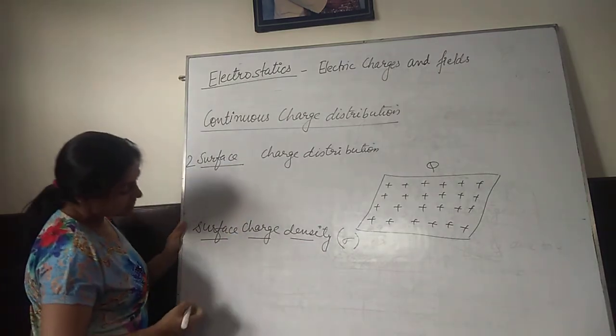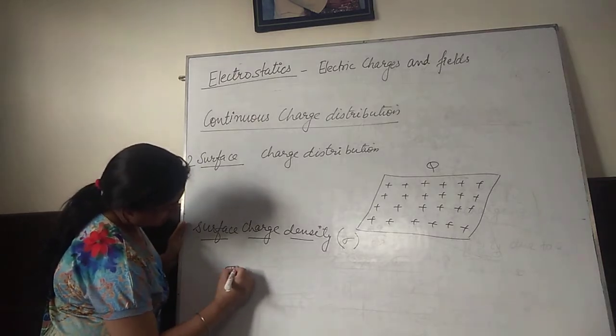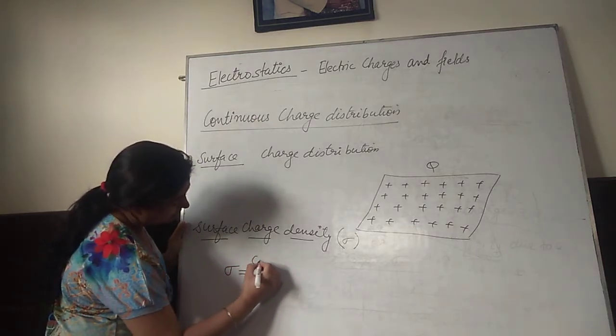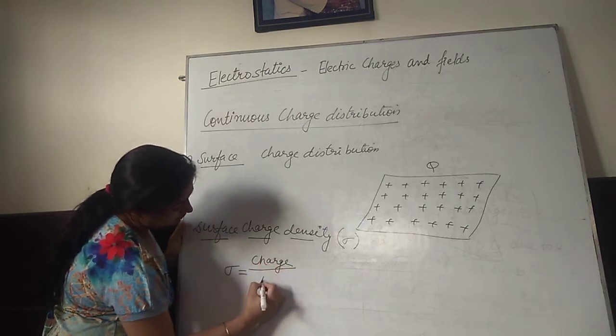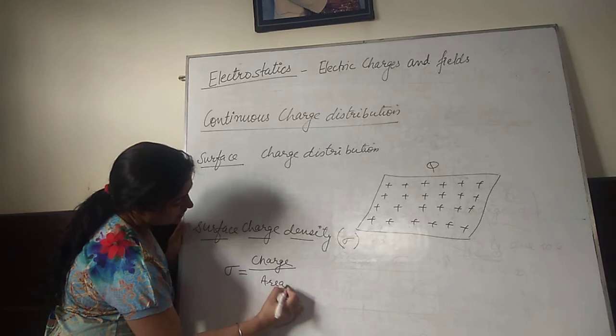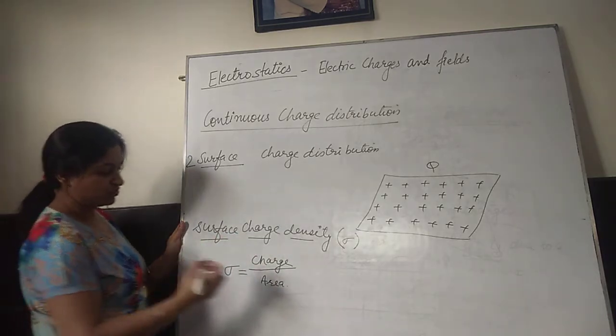Here also we can simply write the definition. Surface charge density is charge per unit surface area on which the charge is distributed.